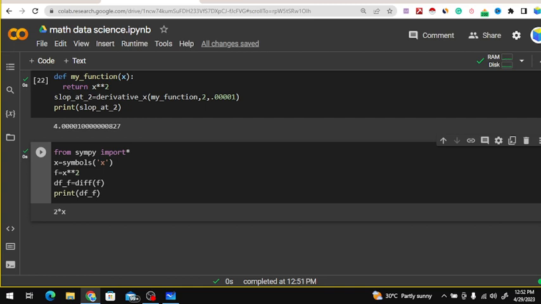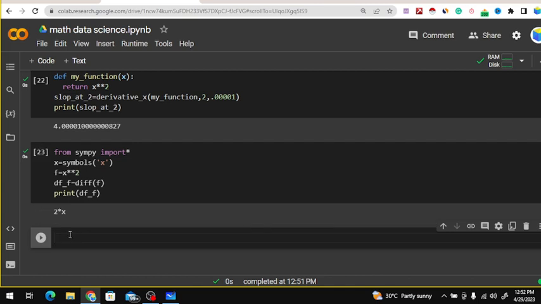So similarly, if we want to write a derivative calculator in Python, let's see. Derivative calculator in Python.